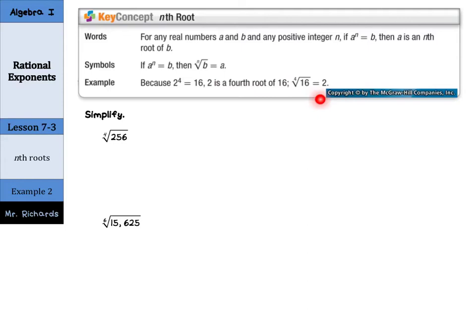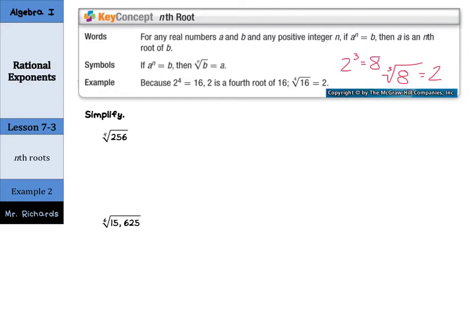So the 4th root of 16 is 2. It's like saying, since 2 to the 3rd power is 8, then the cube root of 8 is 2, or the 3rd root of 8 is 2.